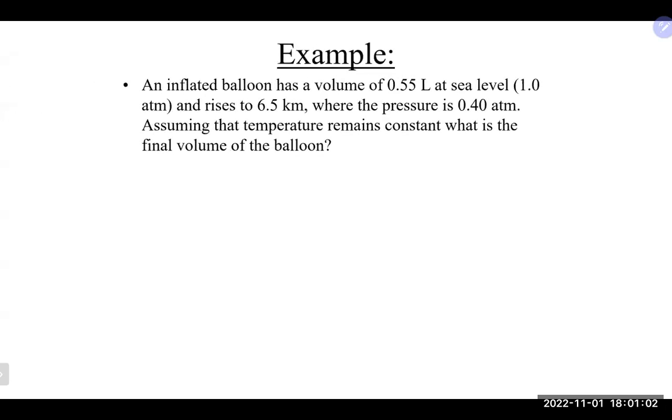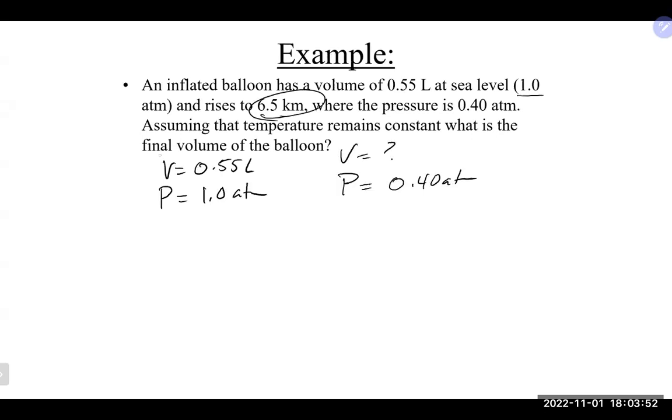The inflated balloon is 0.55 liters at sea level, rises to... Boyle's Law here. And again, we could call these ones and twos. In terms of units, this is atmospheres and that's atmospheres, which is good. This will be liters, which means we'll just end up solving for liters at the end. So P1 V1 is equal to P2 V2. In this case, we're going to take the P2 to the other side.